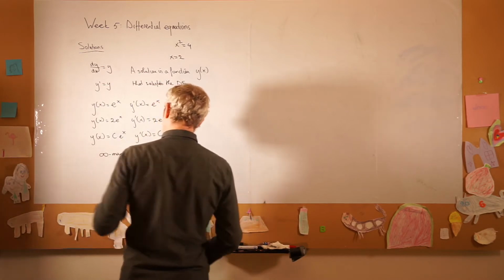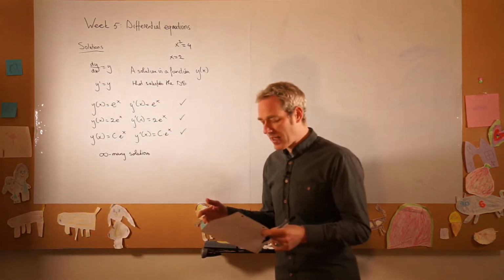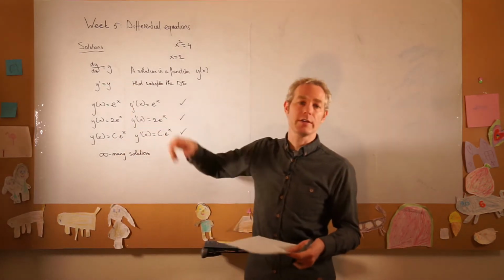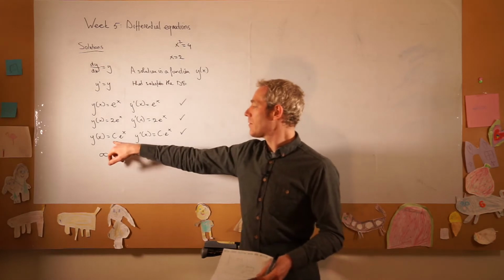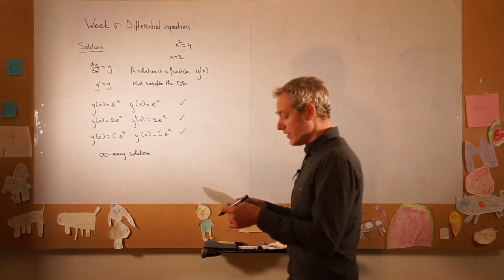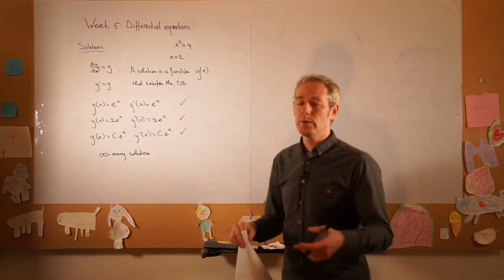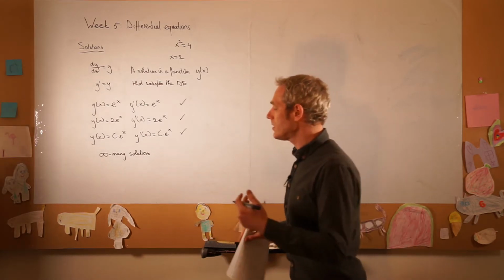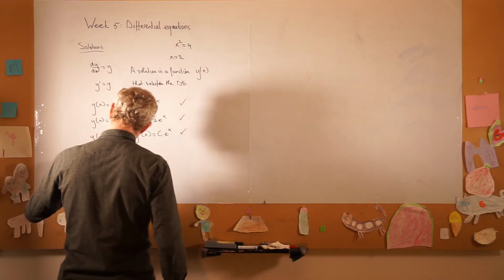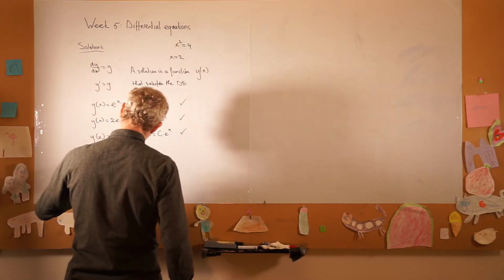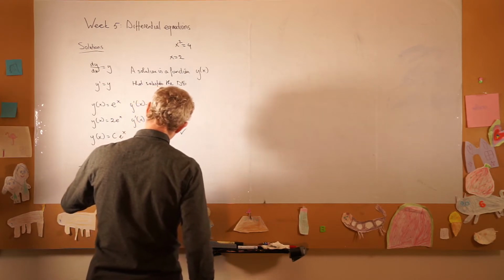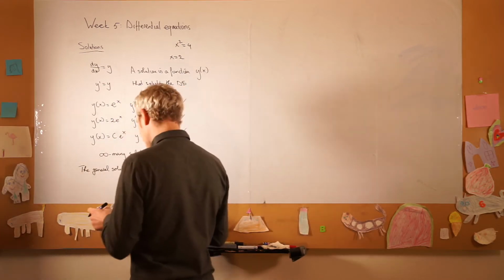And in fact, we get a family of functions that will solve a differential equation, and usually they're parameterized with this c or some kind of coefficient. So we don't talk about the solution, we talk about the general solution of a differential equation.